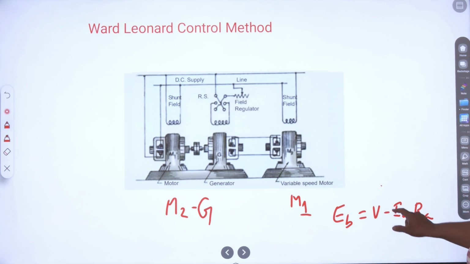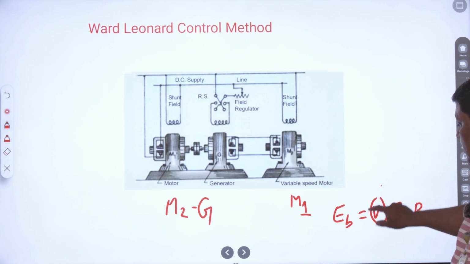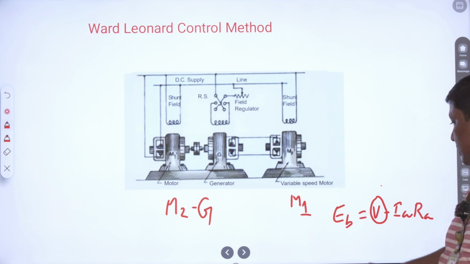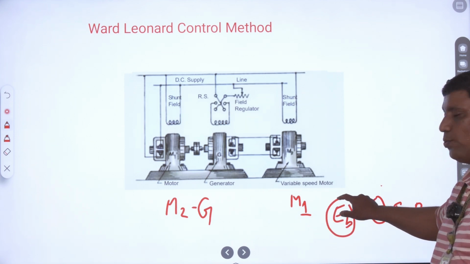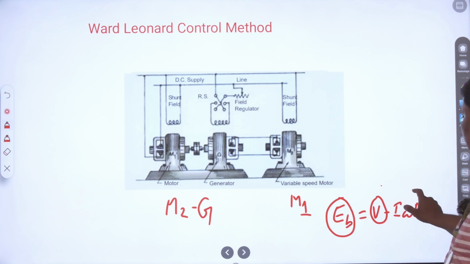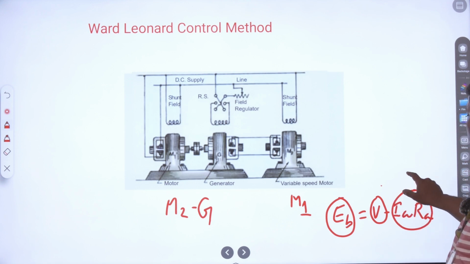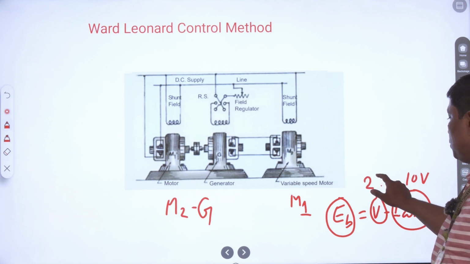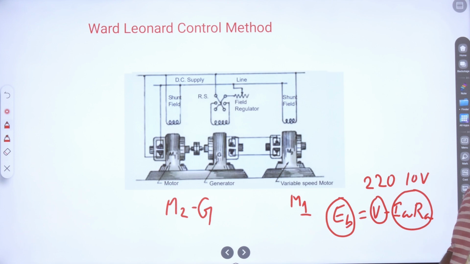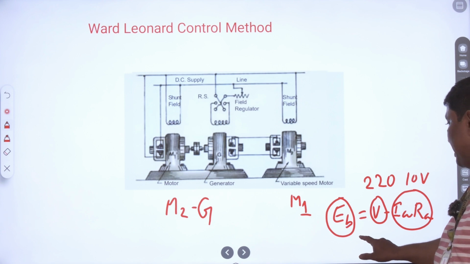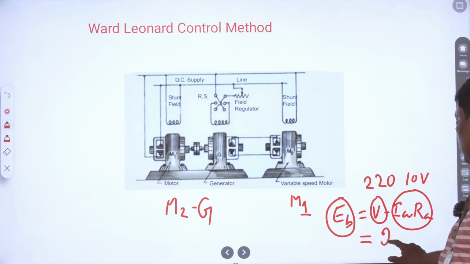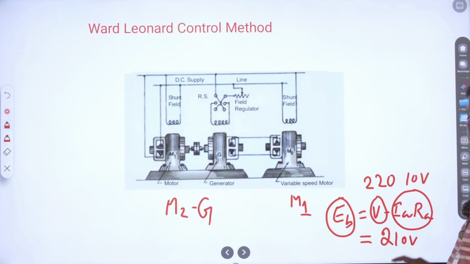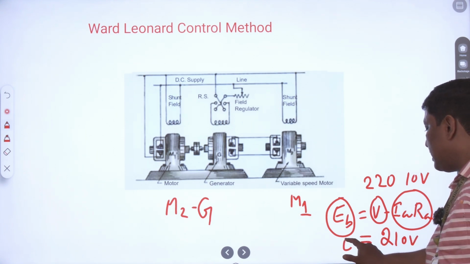If you change the supply voltage, the Eb value also varies. For example, consider the Ia Ra drop as 10 volts. Initially we supply 220 volts; the supply voltage is 220, the Ia Ra drop is 10, so the Eb value is 210 volts.